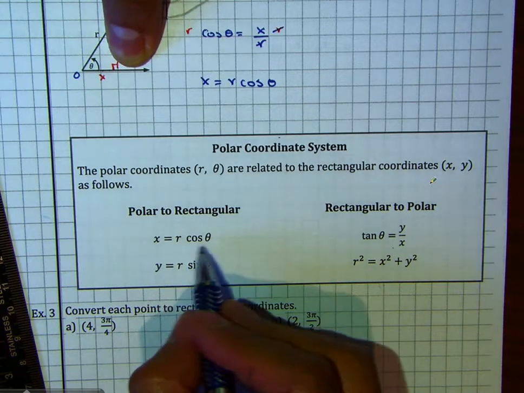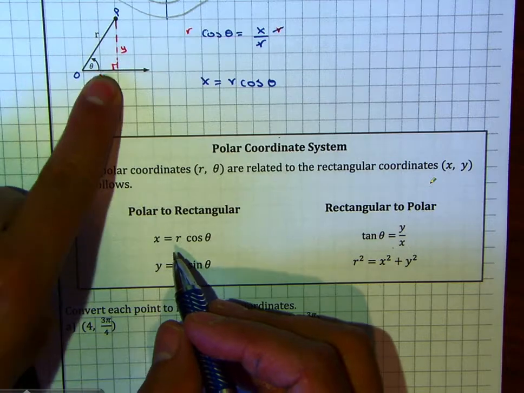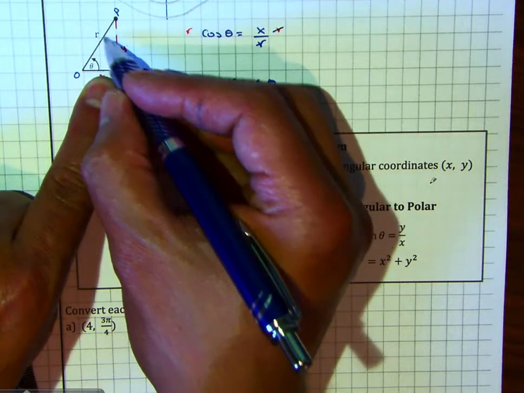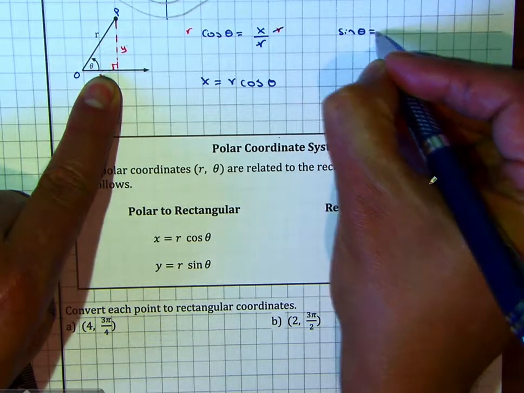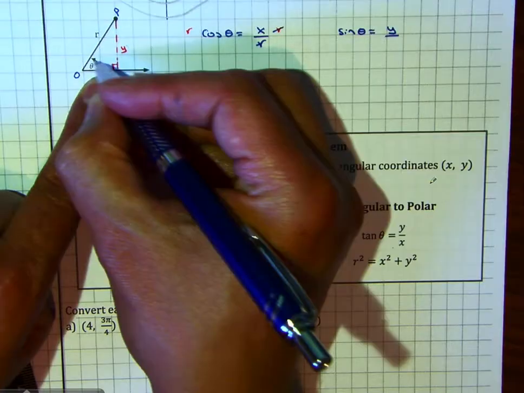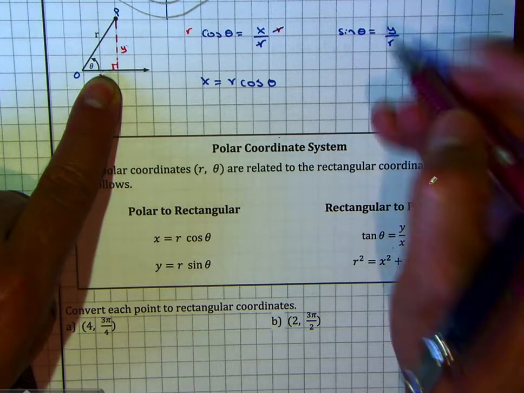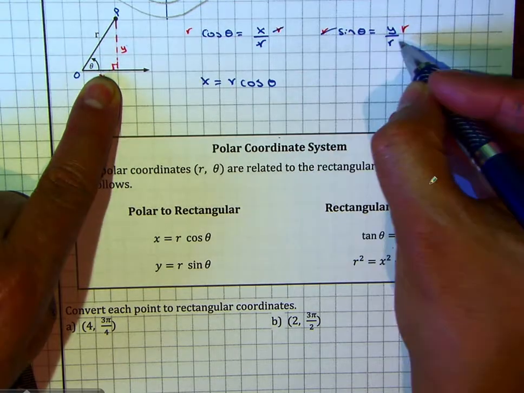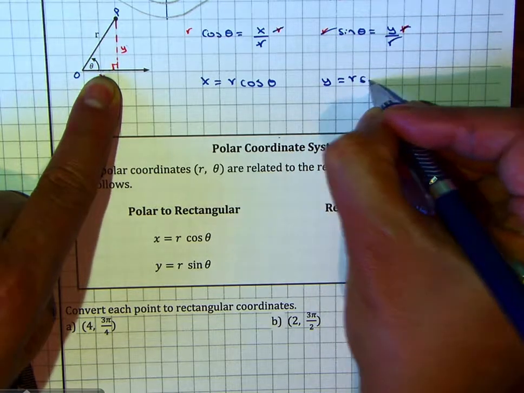And that is your equation here. Now, if we're actually looking for y, this is your angle, so this will be your opposite over hypotenuse. So we'll be using the sine of theta is equal to your opposite over your r. Multiply both sides by r once again. Your r's cancel, so therefore we have y equals r sine of theta.